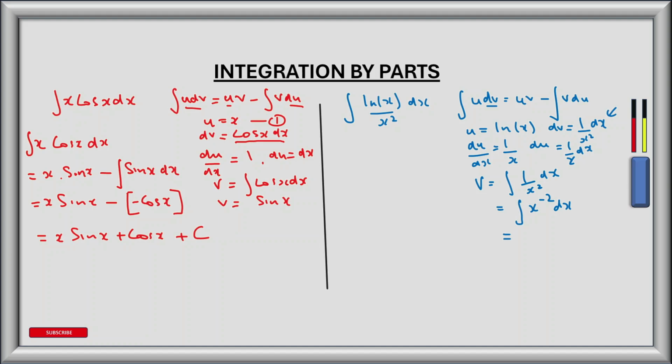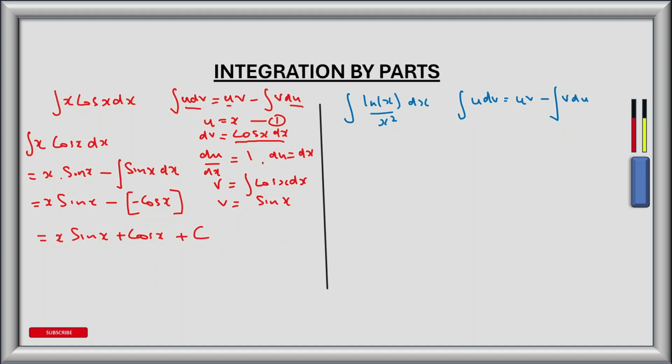That is equal to x to the minus 2 plus 1 divided by minus 2 plus 1, which is equal to x to the minus 1 divided by minus 1, which is equal to minus 1 over x. So this gives us u is equal to log of x, du is 1 over x dx, and v is equal to minus 1 over x.